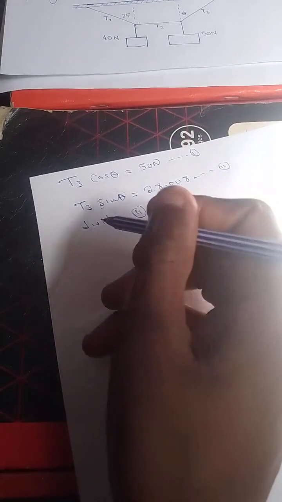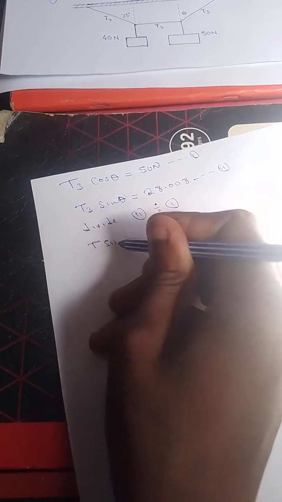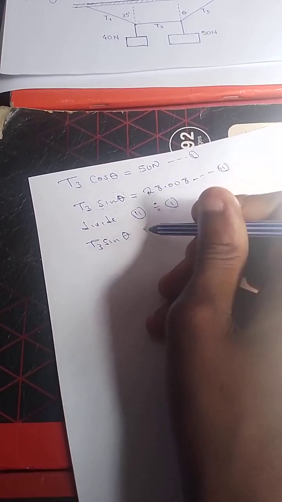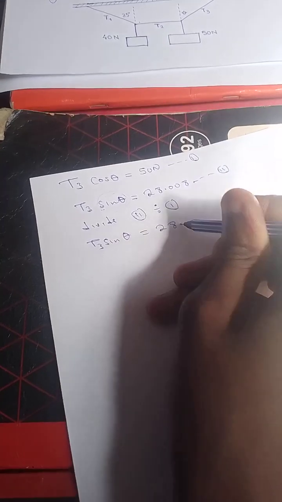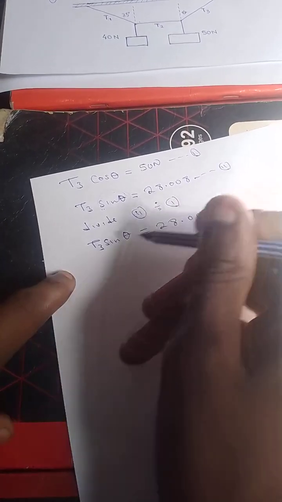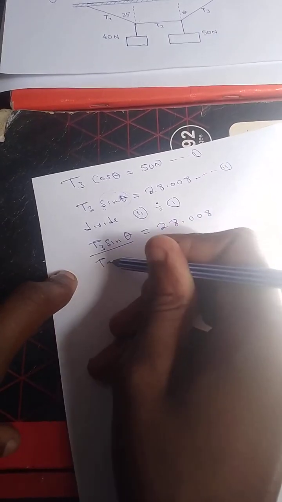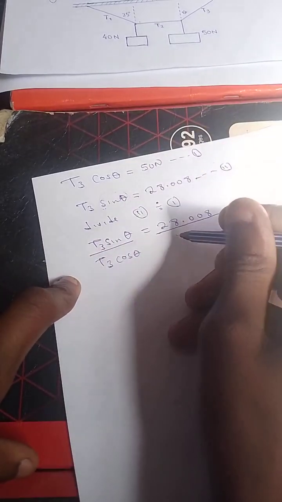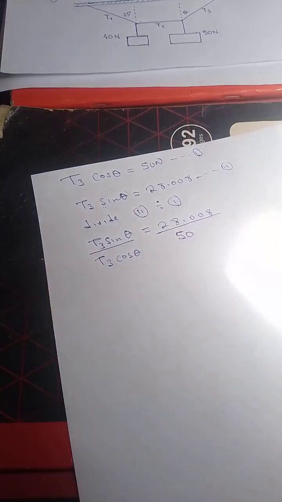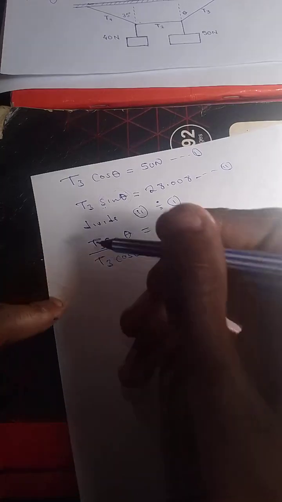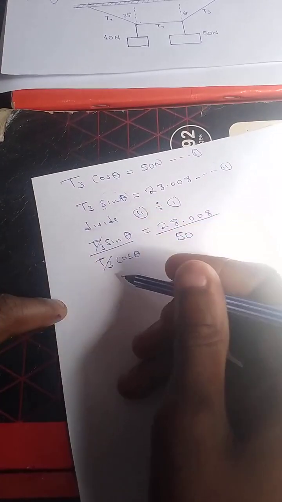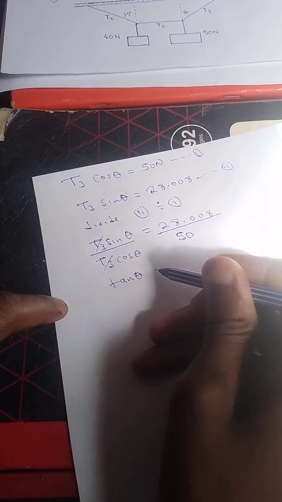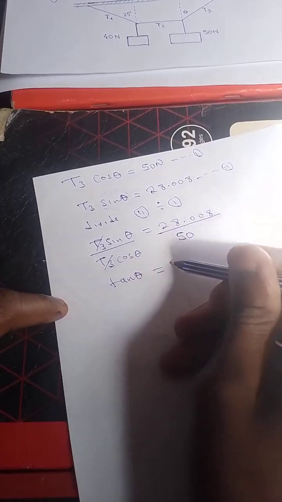So we have T3 sine of theta equal to 28.008, divided by T3 cos of theta equal to 50. The T3 cancels, and sine over cos gives us what we call the tan of theta, which should be equal to 0.56.